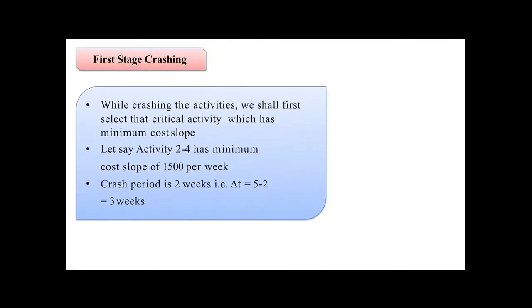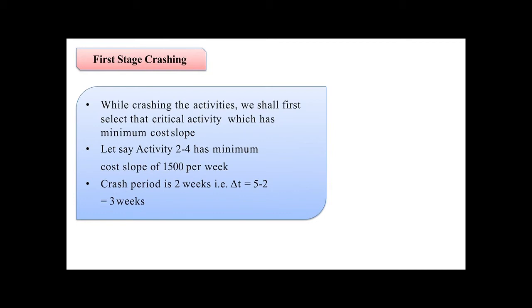Now we have to go for crashing. While crashing the activities, we shall first select the critical activity which has minimum cost slope, as we have discussed already. So which one has the minimum cost slope? Your activity 2-4, and the cost slope was 1500 per week.